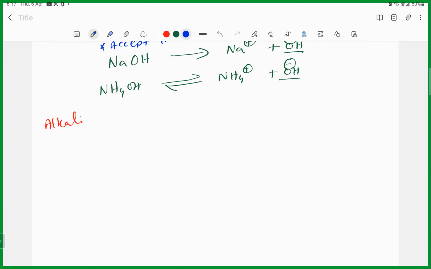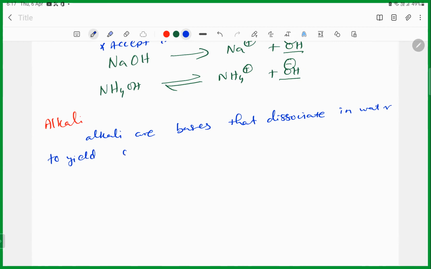So sodium hydroxide, potassium hydroxide, calcium hydroxide, ammonium hydroxide are common alkalis. So alkalis are bases that dissociate in water to yield OH minus ion as the only negative ions.